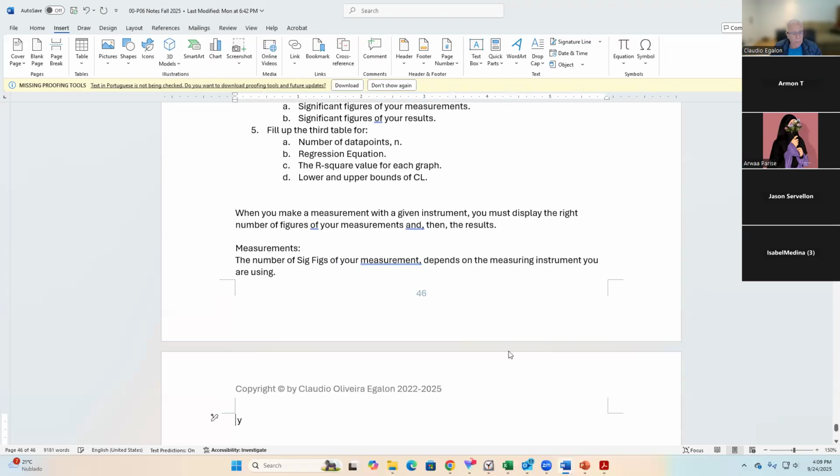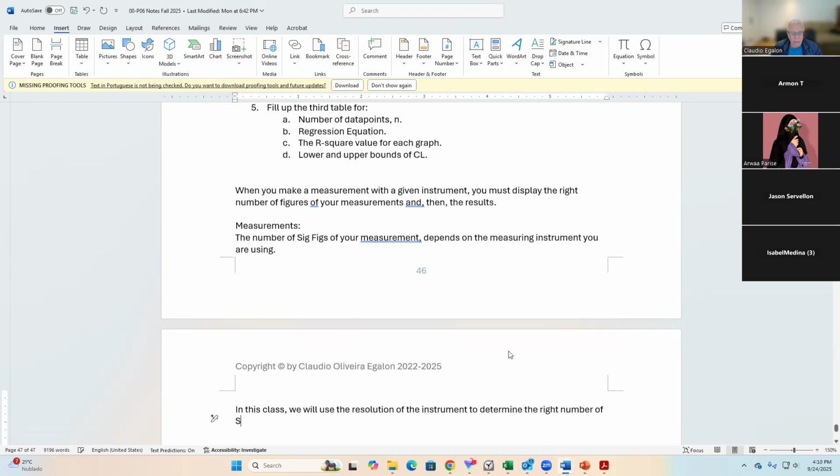In this class, we will use the resolution of the instrument to determine the right number of sig figs, okay?